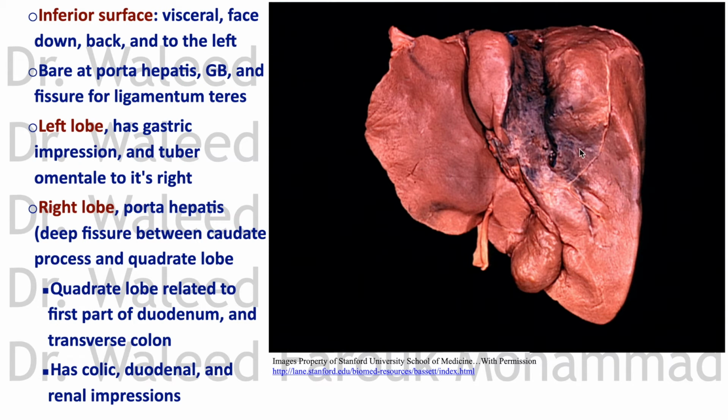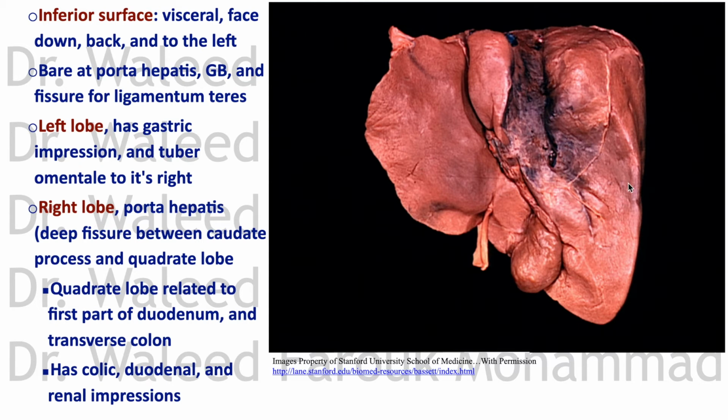Now, on the right side, there is a big impression here. This is the right renal impression, and the impression for the right colic flexure as it sticks to the anterior surface of the lower pole of the right kidney.